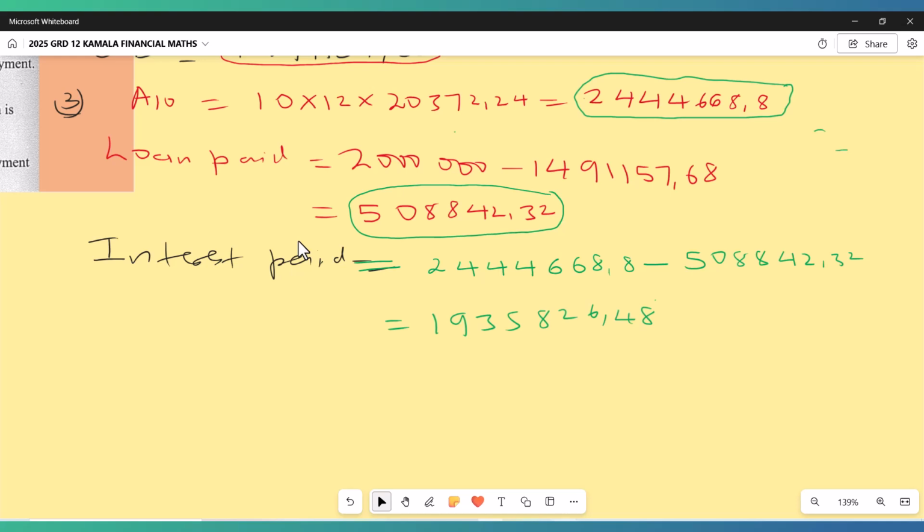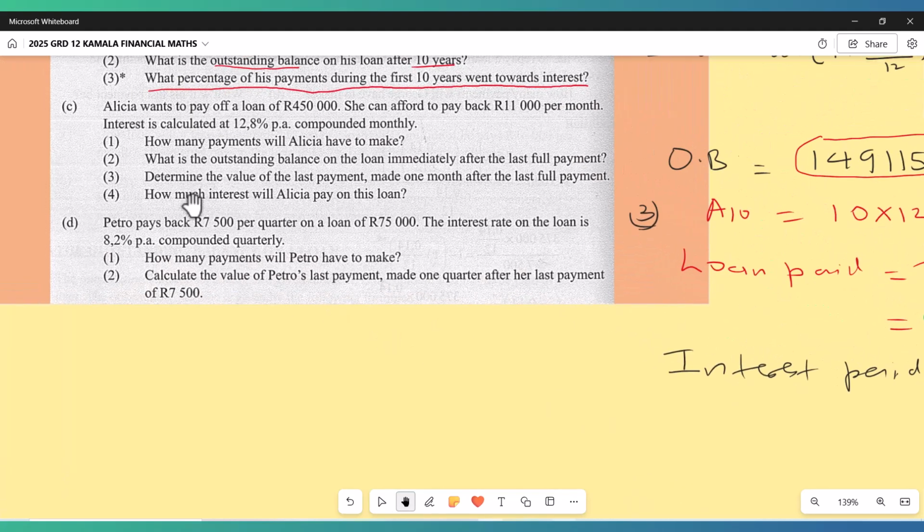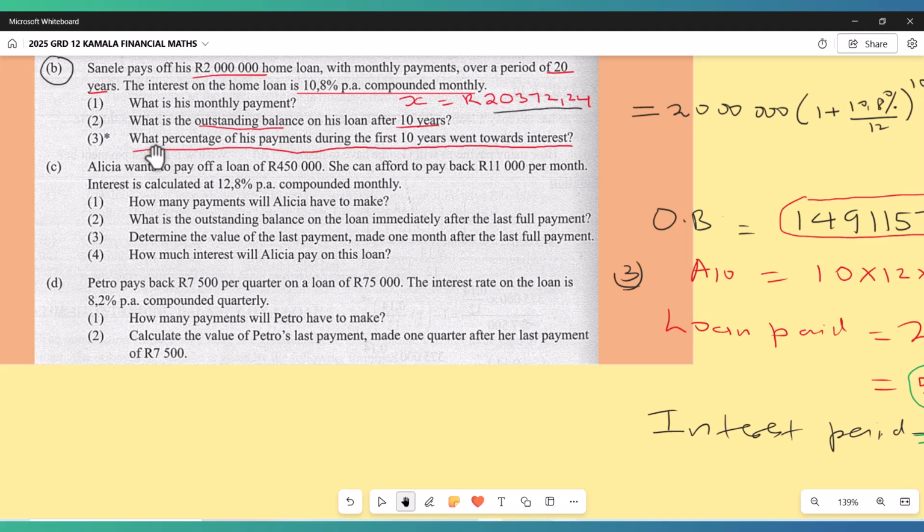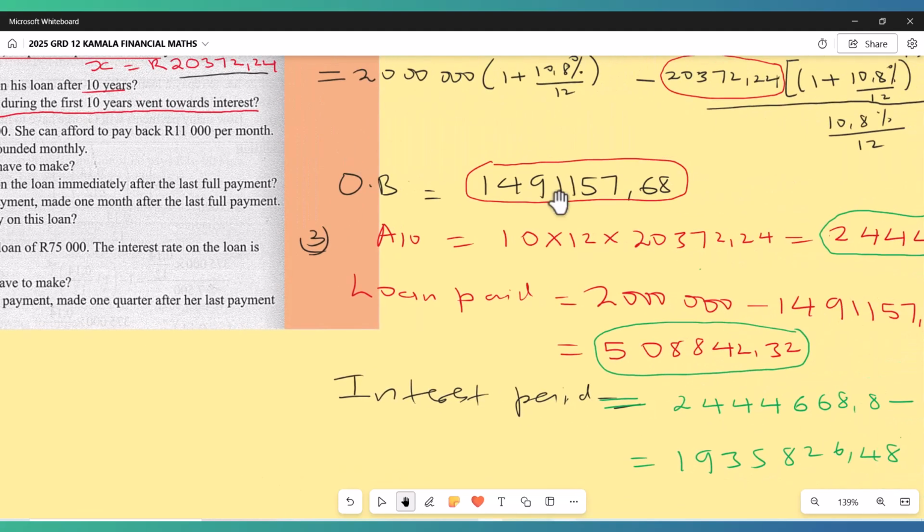But because we are looking for the percentage, what do we do? We are going to divide this interest. Check the question one more time. They said, what percentage of his payments during the first 10 years went towards the interest?